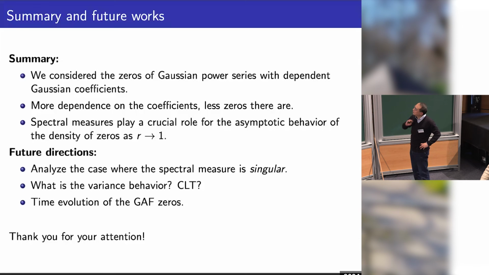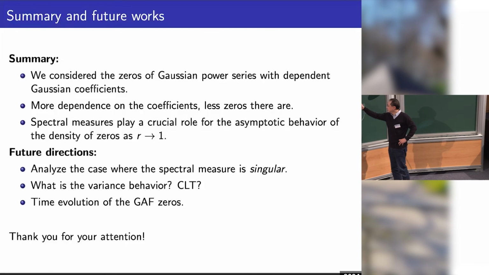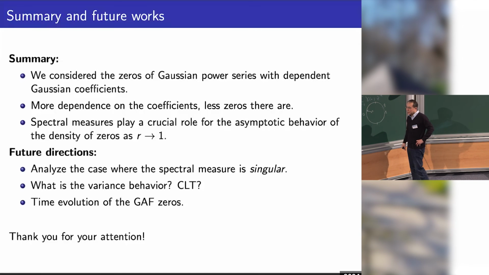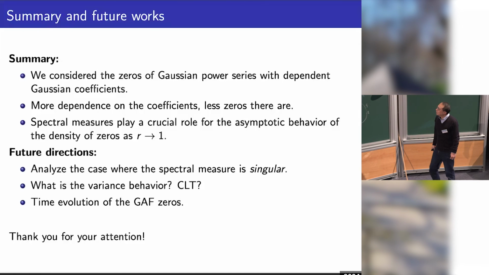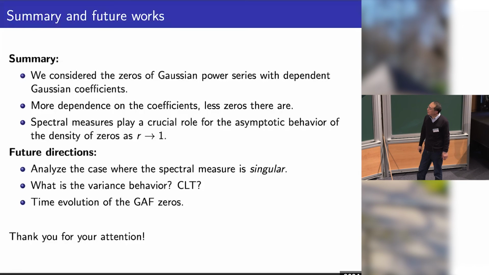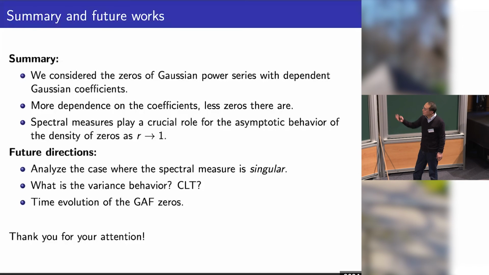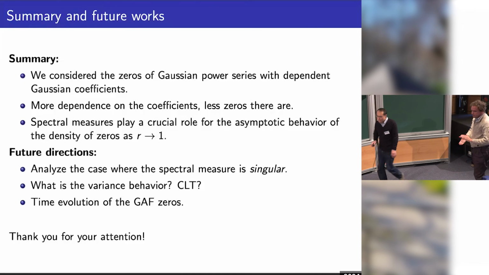The future direction is, so far we considered the absolutely continuous case, but if you have a singular spectral measure, what happens? Also, we didn't discuss variance behavior, or CLT. And also, time evolution of the zeros is very important. Okay, thank you for your attention. Thank you very much.